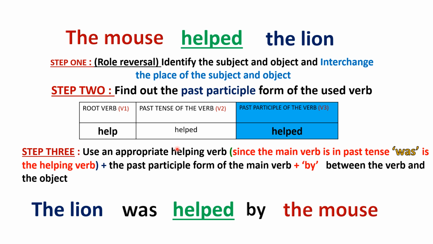The given word is helped. Which tense is it in, children? Yes, the verb is in past tense. So which helping verb would you use? Yes, you are correct. Helping verb used should be was. And by is used between the past participle form of the main verb help and the object.